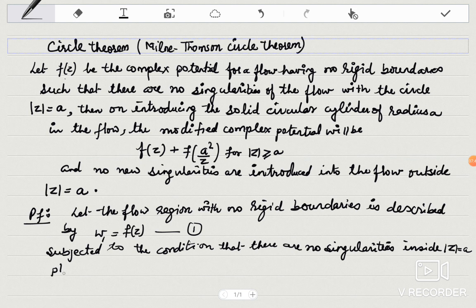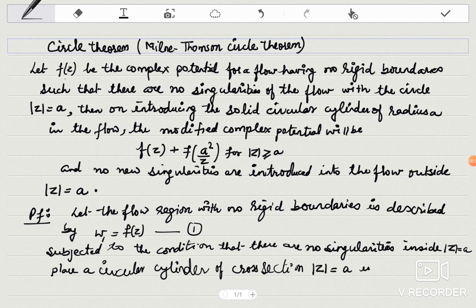Now we place a circular cylinder of cross section mod z is equal to a in the flow region. Now naturally it is a rigid cylinder and there is no flow across it. So this rigid cylinder will work as a streamline. So there will be some stream function along that streamline. Let psi be the stream function along that streamline.